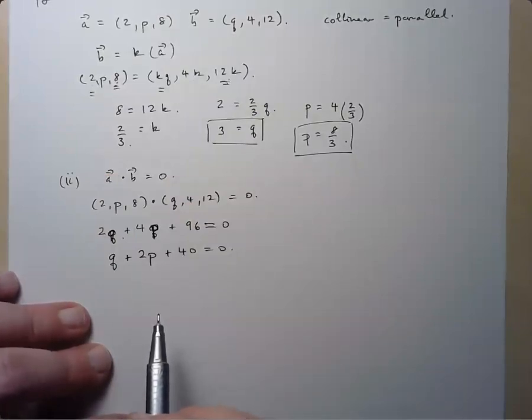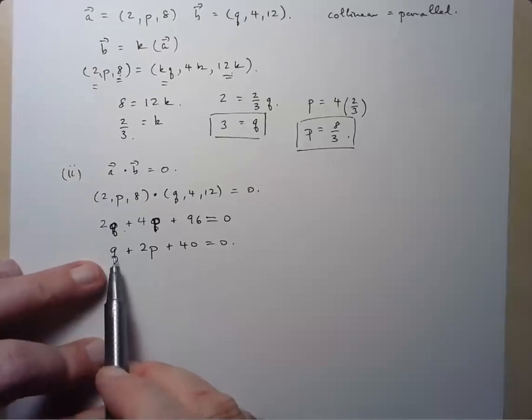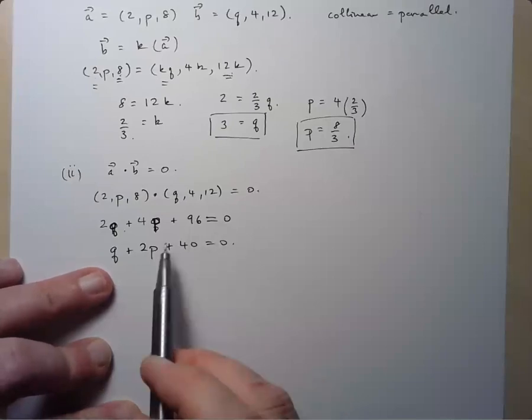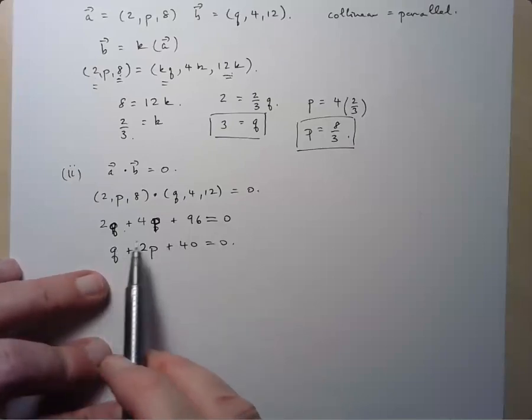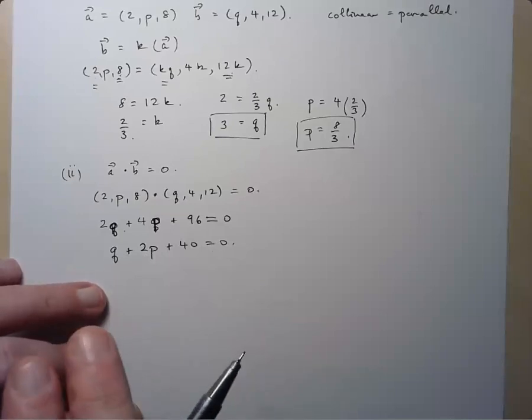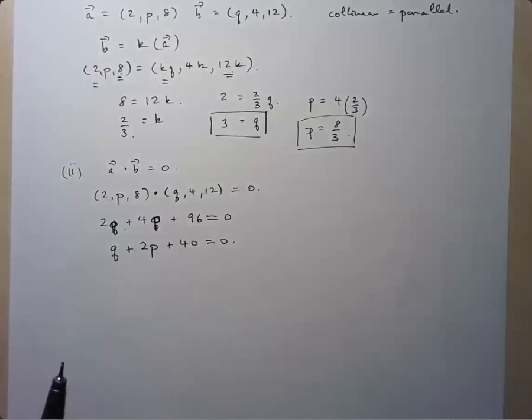Because if I pick q to be equal to 0, then p would be equal to -24 if I solve for it. If p is equal to 0, then q is equal to -48. So those are two different combinations of p and q, and I could actually find a whole bunch of scenarios that satisfy this equation.